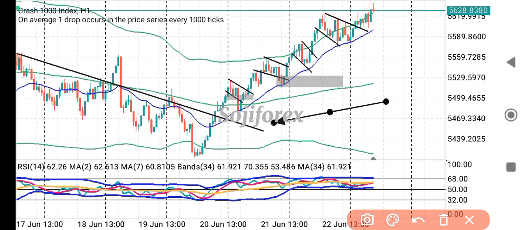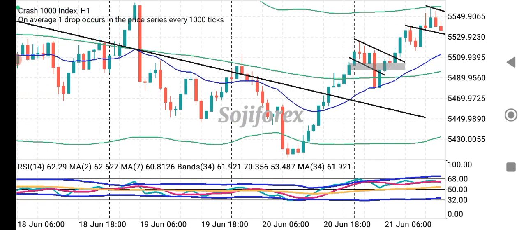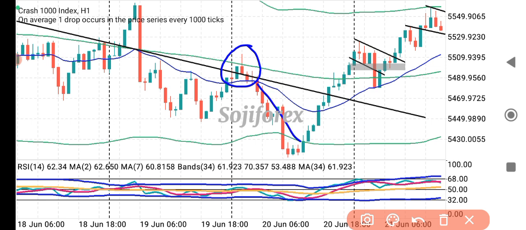Price pulled back, came, pulled back, gave us this candlestick pattern, right? Price actually pulled back, gave us this hammer inside that circle, which is our candlestick pattern and our signal for a sell, and you sell.